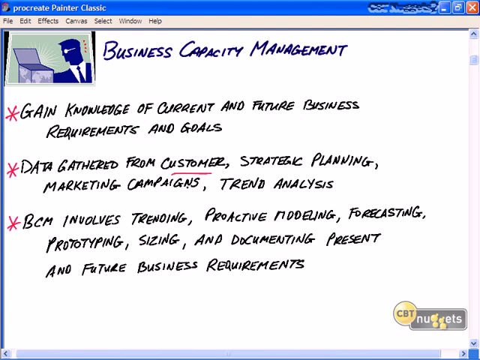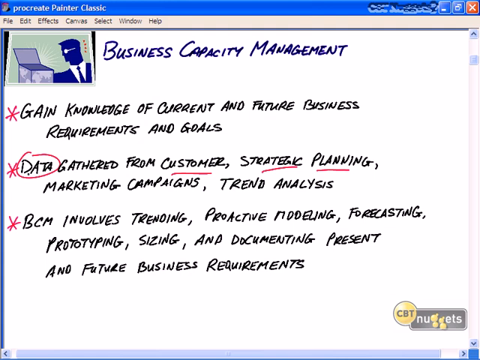This could be done through surveys, through interviews, through past experience, past evaluation processes. This is data gathered through strategic planning via steering committees and strategic committees, marketing campaigns, and the results of those campaigns. Also by doing some mathematical trend analysis. So basically, we're going to gain knowledge of current and future business requirements based on data that's gathered.